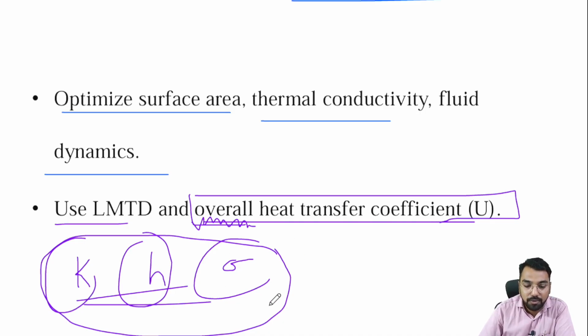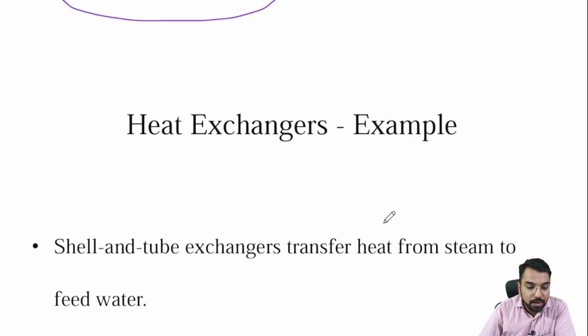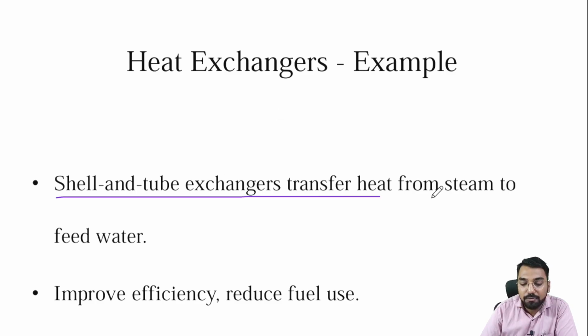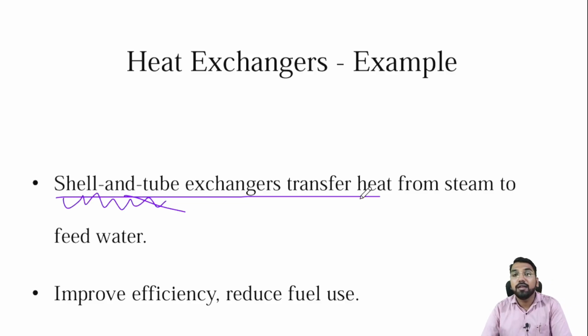What is meant by the overall heat transfer coefficient, I have just explained. So, heat transfer from steam to feed water. This is a shell and tube heat exchanger, which transfers heat from steam to water to increase the temperature of the water. Keep in mind that heat always transfers from a higher energy level to a lower energy level by the second law of thermodynamics, and if you want to reverse this, you need external work.